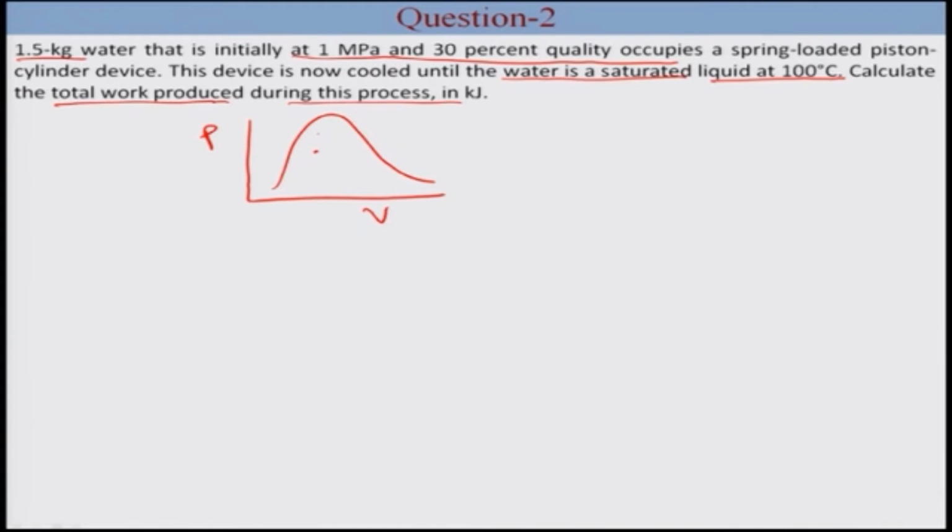Now it is further cooled until the water is saturated. So it will cool down to this state, state 2, because this is a saturated liquid. We assume that the process is quasi-equilibrium.